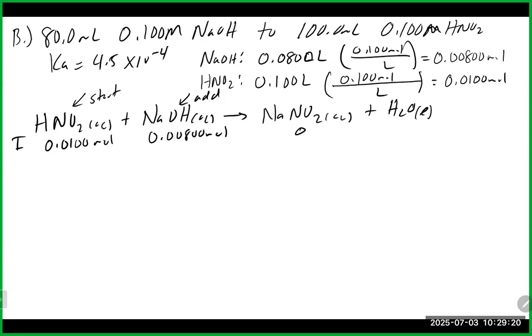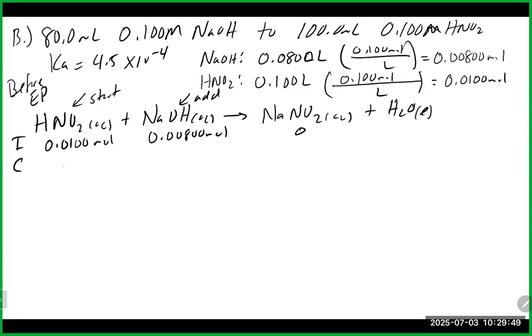Once again, by just looking at our initial moles of what we started with and what we're adding, we see that the moles of what we're adding is less than what we started with. So that again should tell you you are before the equivalence point. Again, by knowing that you are before the equivalence point in this type of titration, you should also know you should end up with a buffer. So let's see if that is the case here.